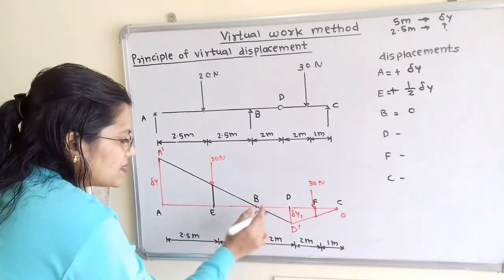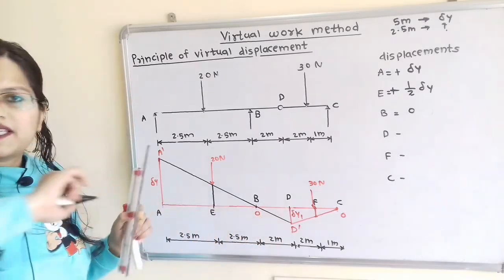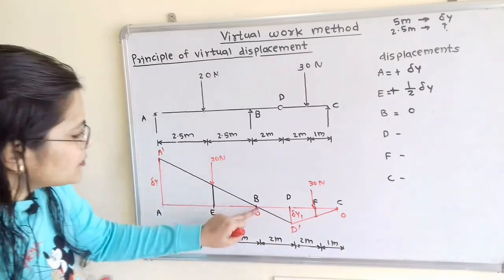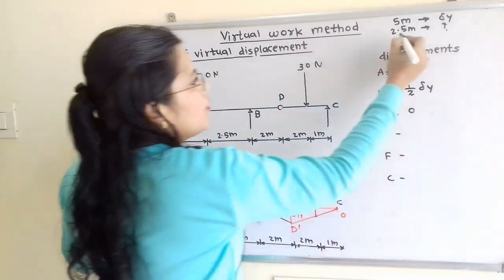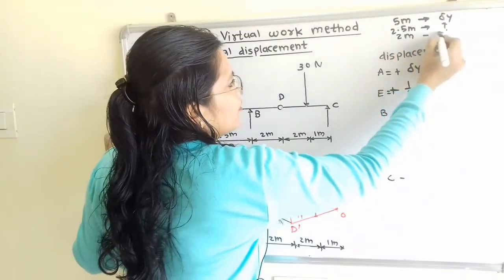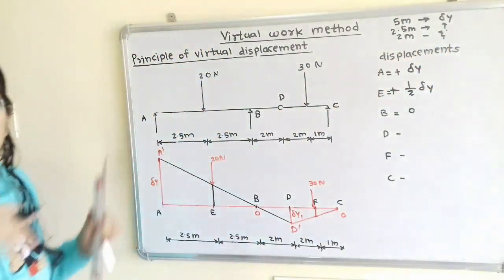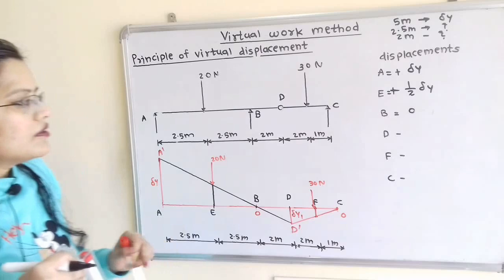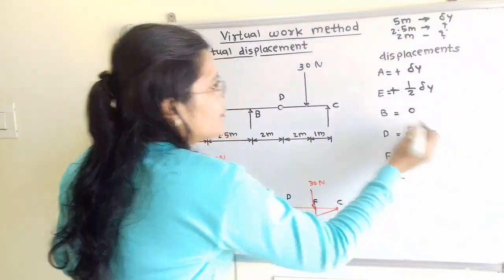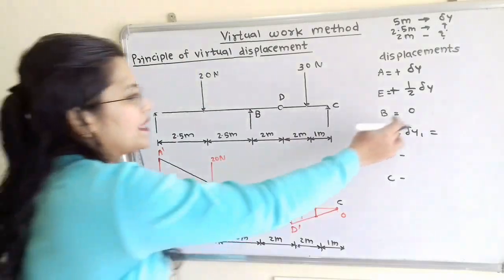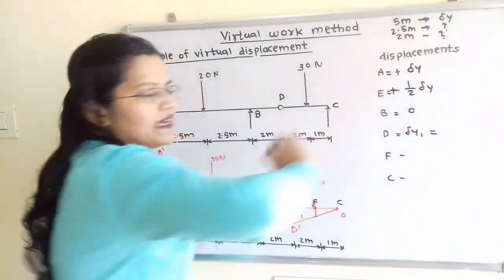But at this time we have to find out displacement at point D. So we have to measure the distance where the displacement is 0. So from 0, point D is placed at 2 meters. So we can write here, for 2 meter, what is the displacement? So we can write here at point D delta y1, and which is equal to, now we have to write this value of delta y1 in terms of delta y.